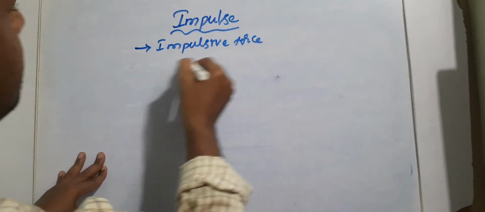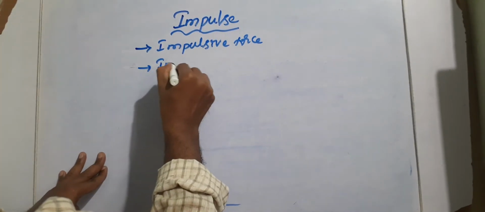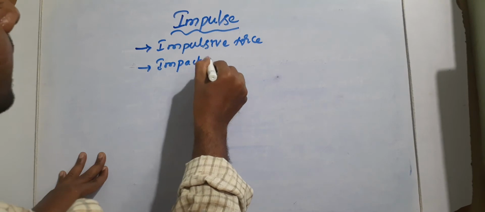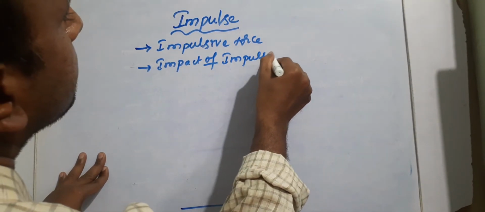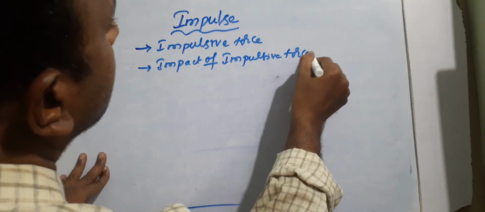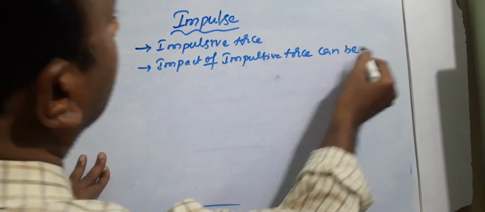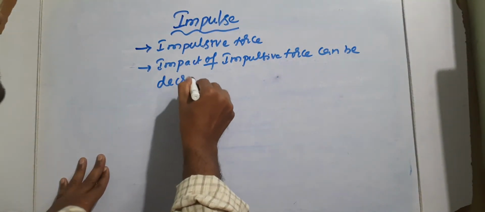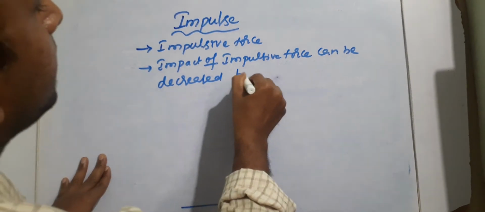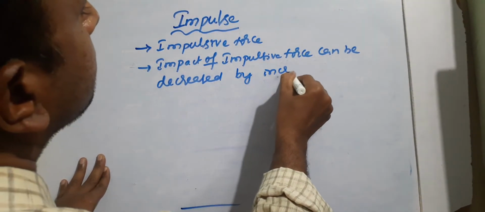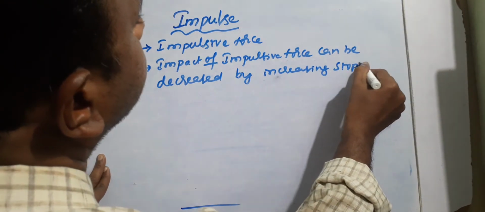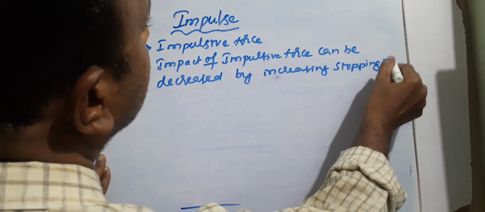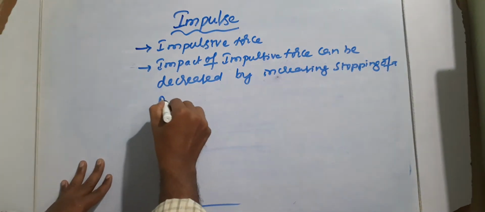So the impact of impulsive force can be decreased by increasing the stopping time of a moving body.